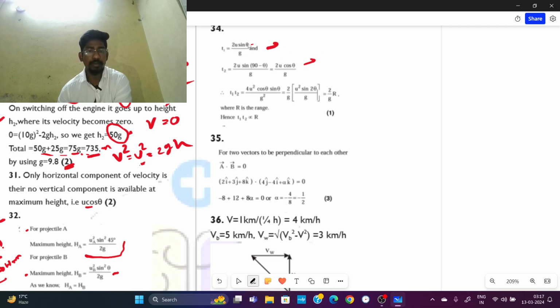So T1 will be equal to 2u sin theta by g, and T2 will be equal to 2u cos theta by g. This is the formula to calculate the flight time of a projectile.